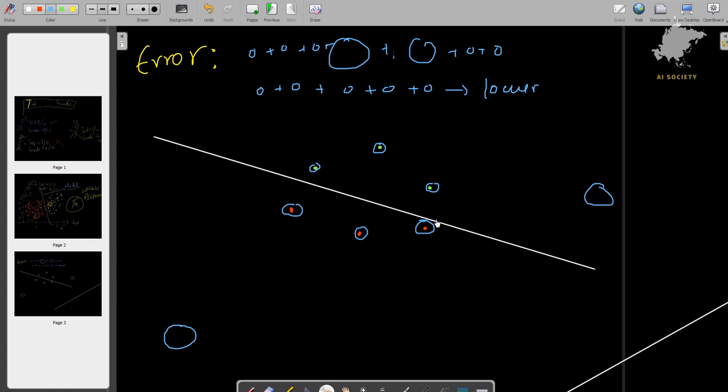This whole process of minimizing the error function is known as gradient descent. If you want to reduce any error, you will be using gradient descent for that. That is why gradient descent is really important.